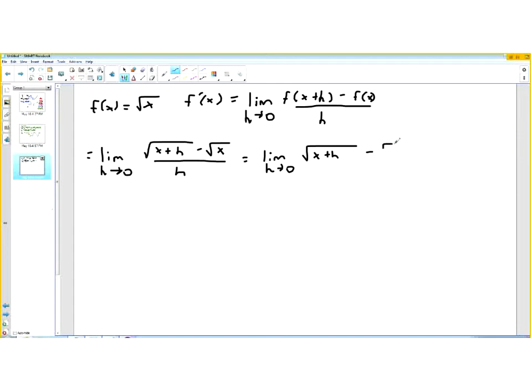So that would be times what? The square root of x plus h, this is the conjugate now, plus the square root of x, divided by the square root of x plus h plus the square root of x. All right, and now we'll simplify this limit.